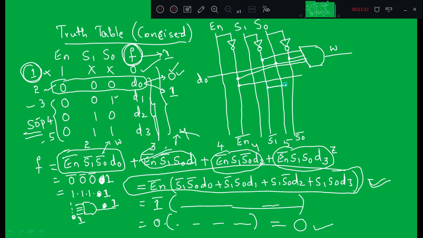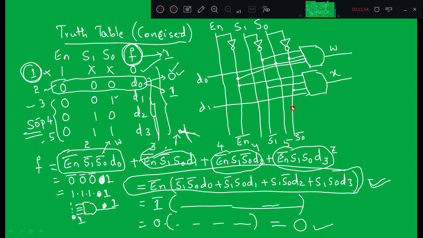S1 bar is here. Next is S0, and D1. Again these are given to an AND gate, and the output of the second AND gate is X. So I have denoted the terms as W, X, Y, Z.